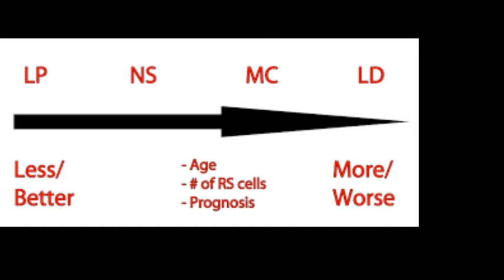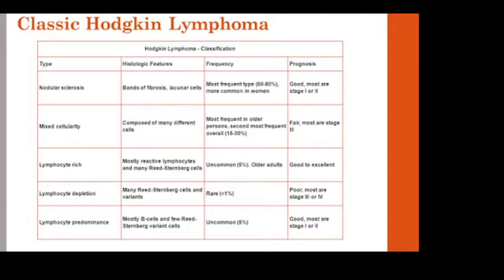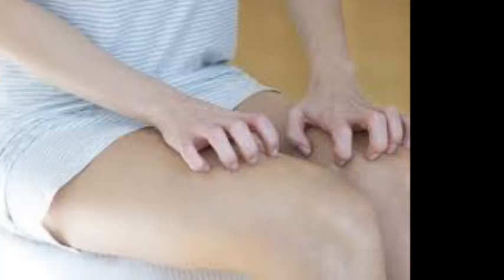And in Hodgkin's lymphoma, this is the better prognosis, this is the worse prognosis, and this is the intermediate one. So this is the prognosis levels, and this is the Hodgkin's lymphoma classification: nodular sclerosis, mixed cellularity, lymphocyte predominant, and this is the itching symptom in lymphoma.